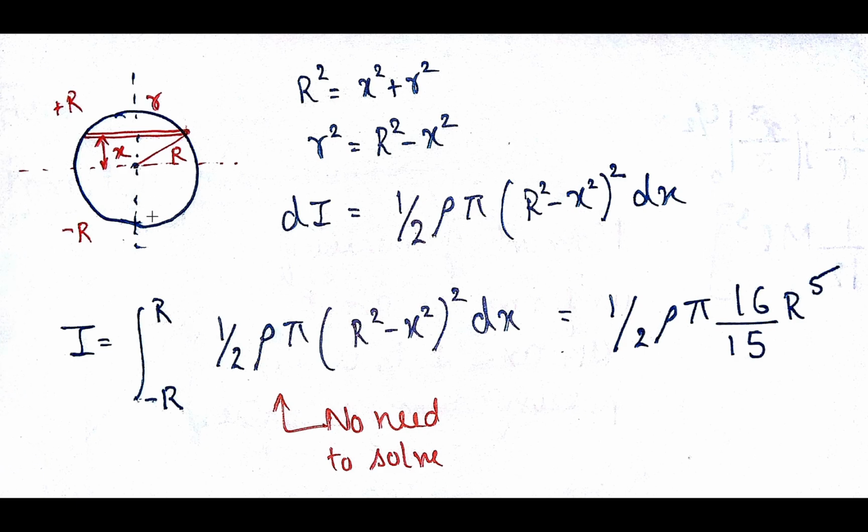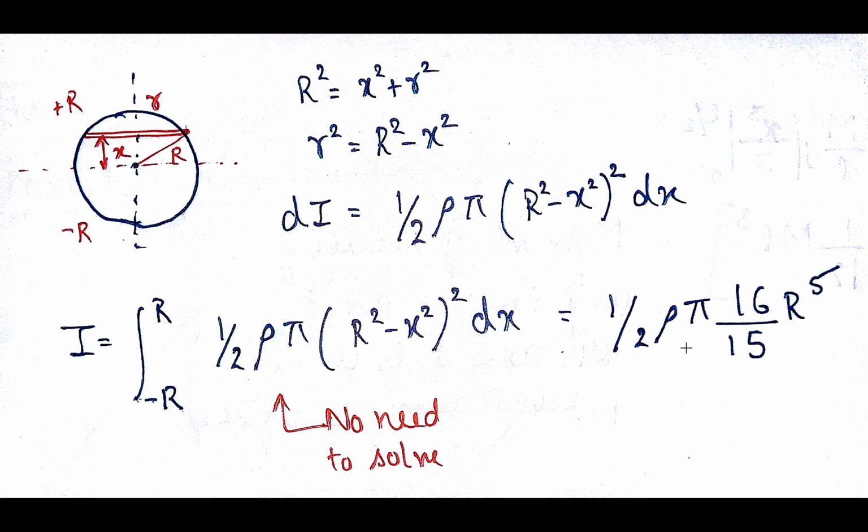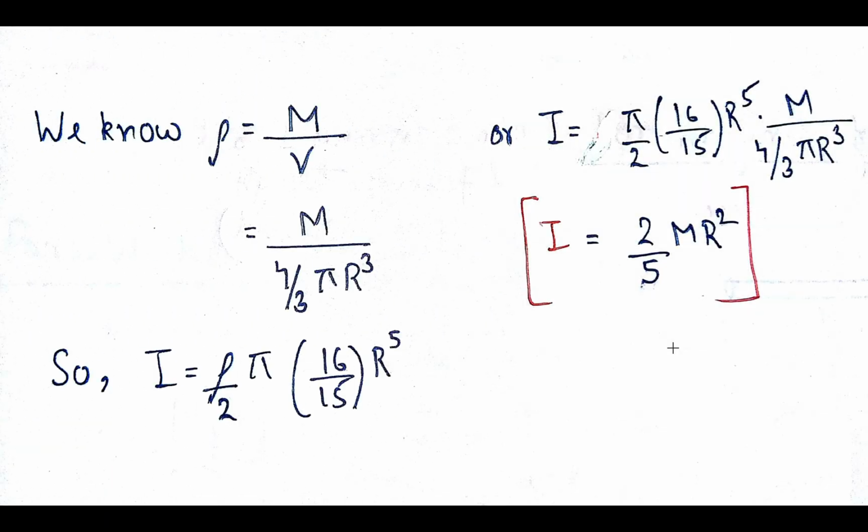So now you just have to integrate it from minus R to R, because x will be varying from minus R to plus R. You don't need to solve this complex integral until you learn integration. Just neglect the calculation and see that the result will be something like this. You don't have to memorize all this, just know the working, or how to calculate the moment of inertia.